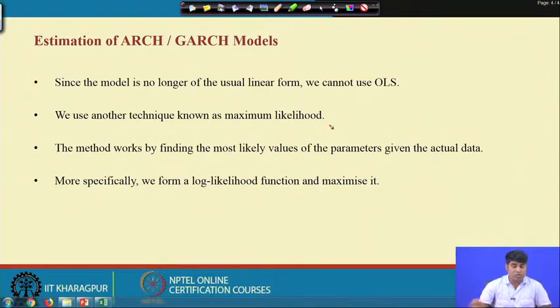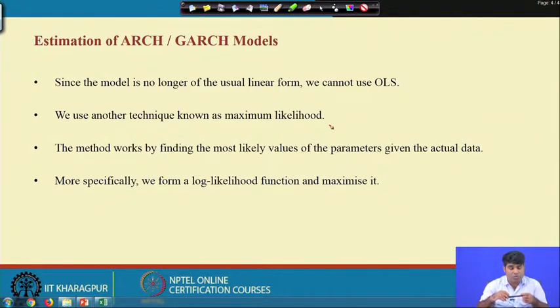Compared to the ARCH model, in the GARCH case, since the model is no longer of the usual linear form, we cannot simply use OLS, that is the big deal again, but we can use OLS in the case of what we did with autoregressive moving average and ARMA. Here, to some extent, it is nonlinear in character.